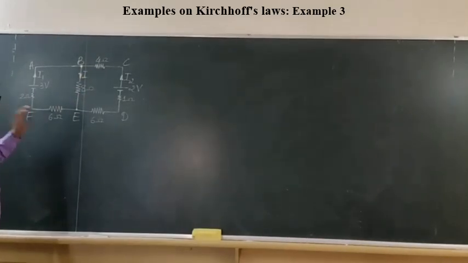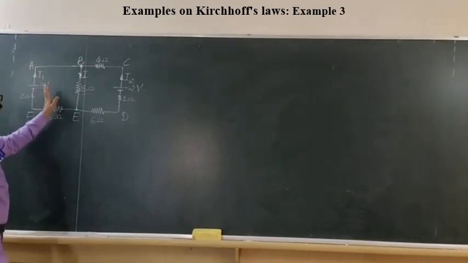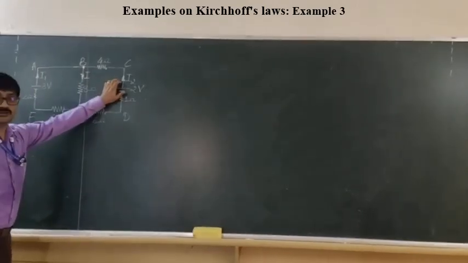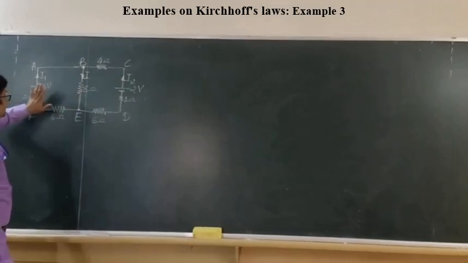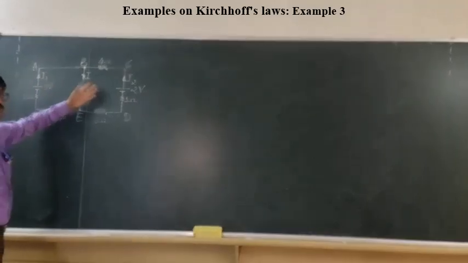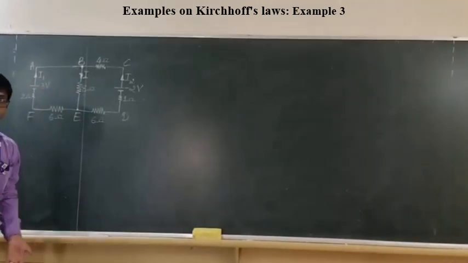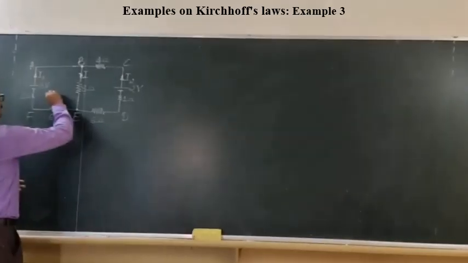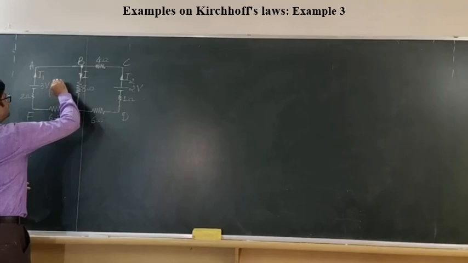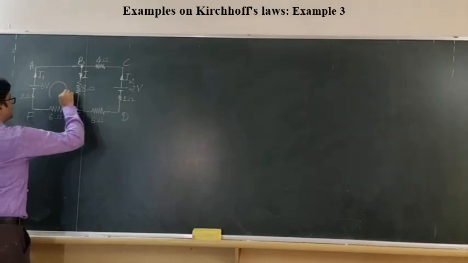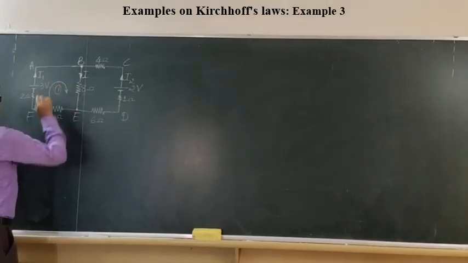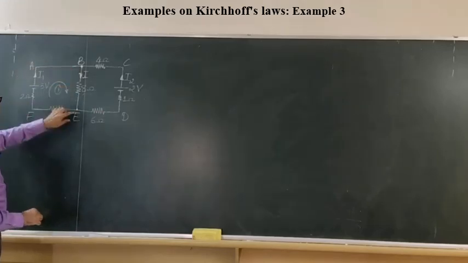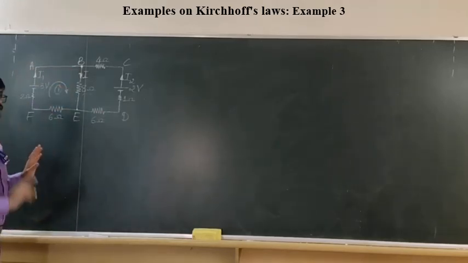Okay. So again I am choosing two loops here because there are two unknowns. Two unknowns, two loops. From those two loops we will get two equations. That is what we will do. And for loop direction, I am considering the first loop like this: A, B, E, F, A. This is the first loop.